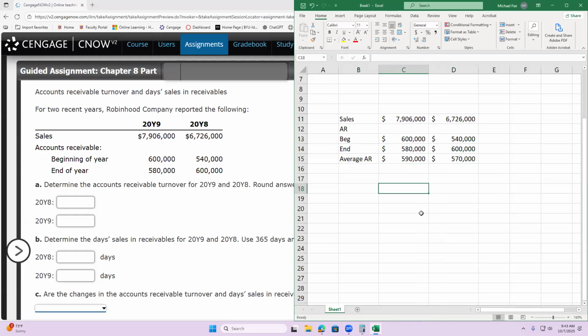So once I know my average accounts receivable, then my AR turnover is just my sales for that year divided by my average accounts receivable.